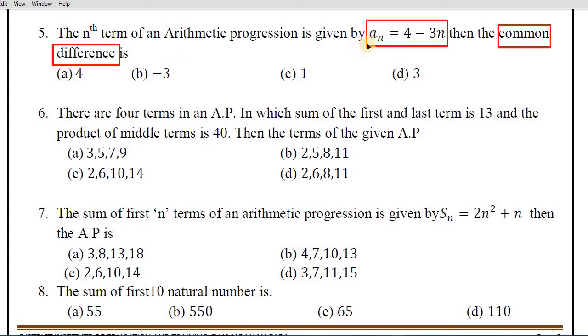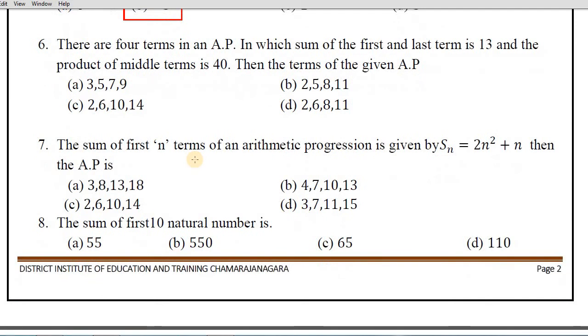Here they have given the nth term. In the place of n, substitute 1 and get the a1 value. Similarly, substitute 2 and get the a2 value. Now you will have a1 and a2 values. From a2 you subtract a1, that gives the answer minus 3. So for this question, the right answer is option B, that is minus 3.